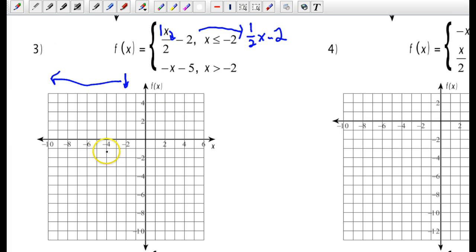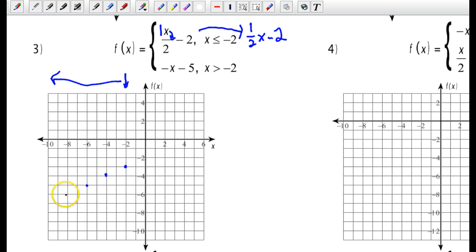So what's negative 2, right? Y-intercept negative 2. Then it's up 1 over 2, but that takes me to the wrong side. I want to graph only from this point and that way. So I have to start at negative 2, but go down 1, left 2. Down 1, left 2.